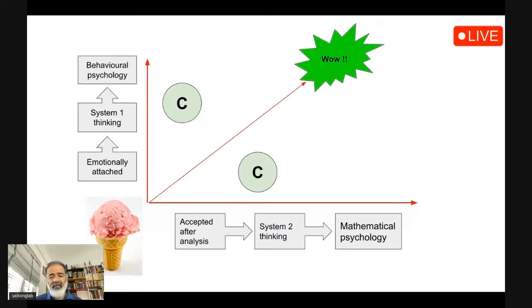Think if you can find a match between these two, because the human mind does not depend on just emotions. They will think, and the human mind does not take decisions based just on analysis. There are emotional factors. So a consumer's decision is a combination of emotional factors as well as analysis, right?